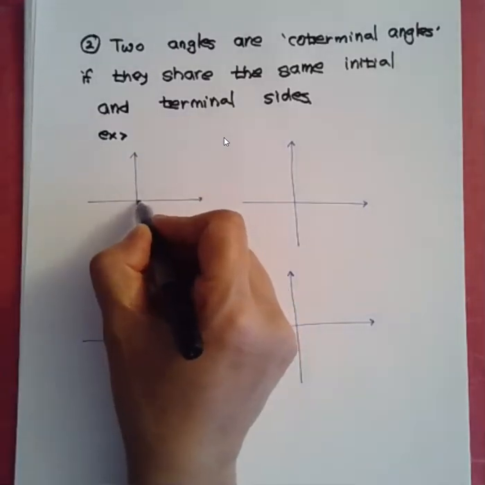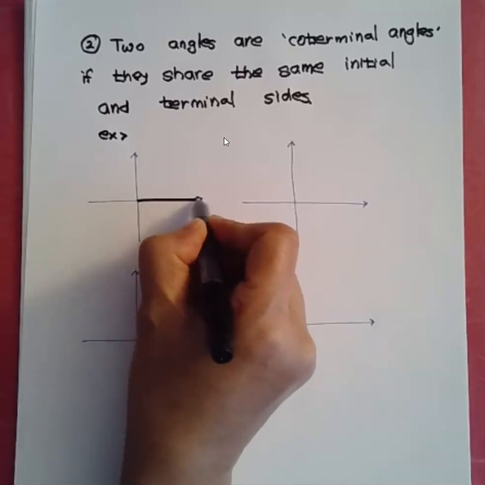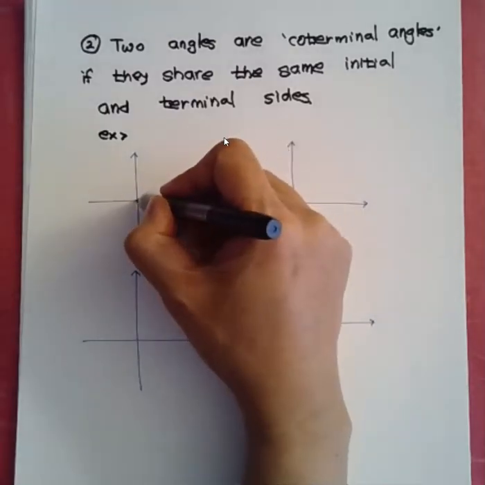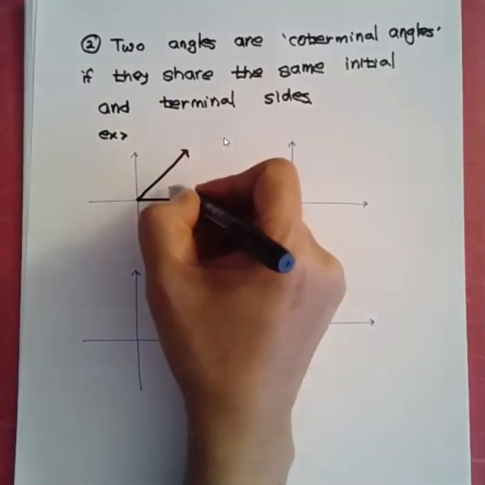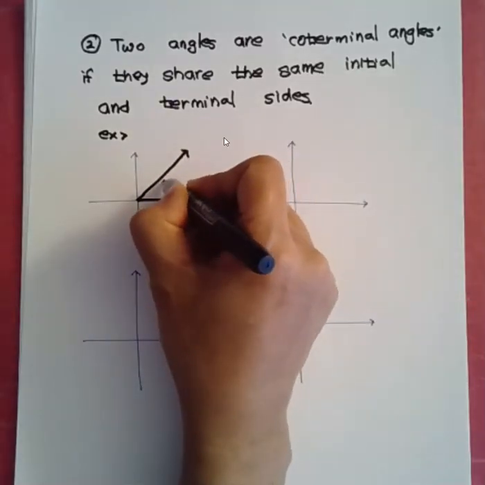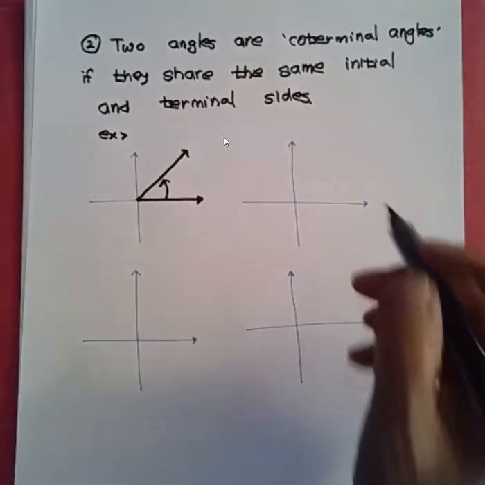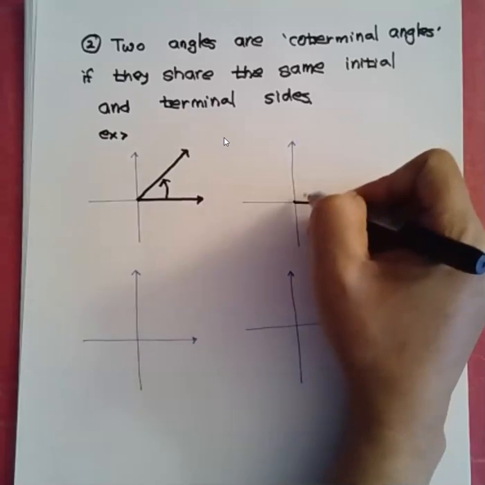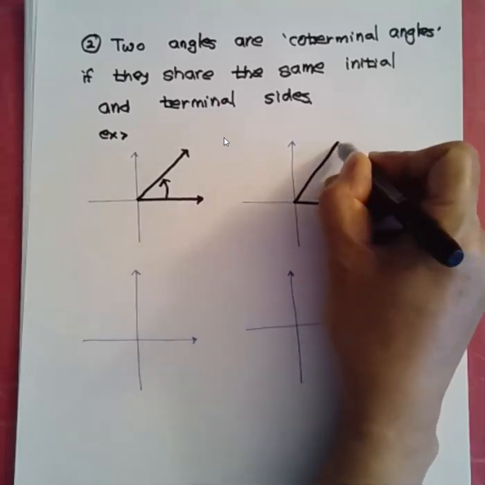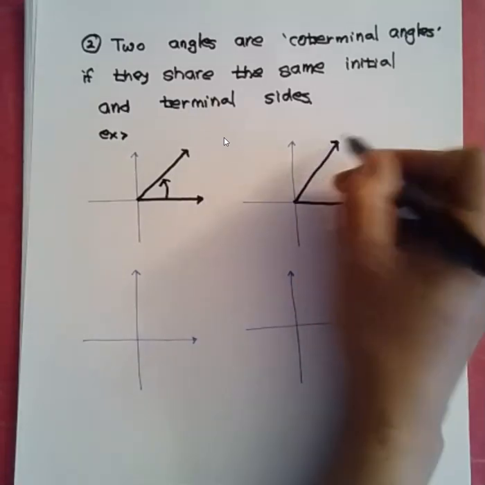Let's think about the angle in standard position. Let's assume that this is the terminal side. We get to the terminal side by counterclockwise rotation. This is the initial side. In exactly the same position, we have a terminal side.